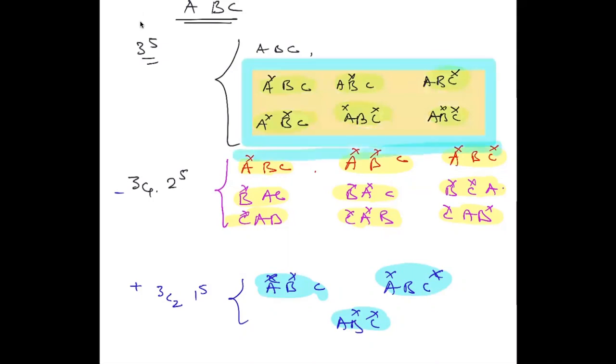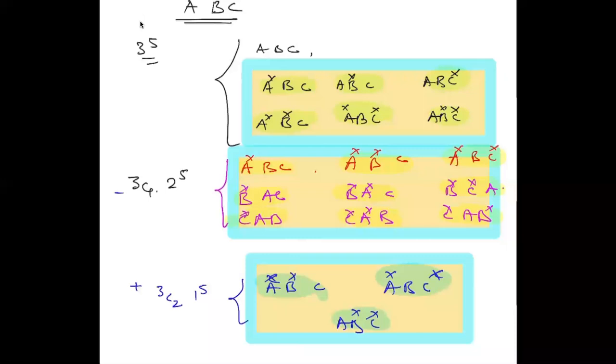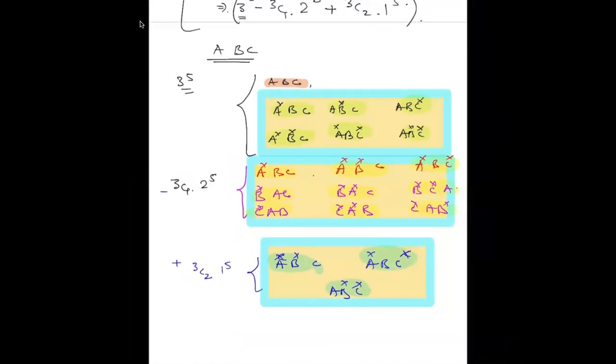Ultimately, we have subtracted this case, and then add all these cases. So if you see, we will be left with only the beautiful case ABC, meaning the balls are going into A, B, and C. And this is called the inclusion exclusion principle.